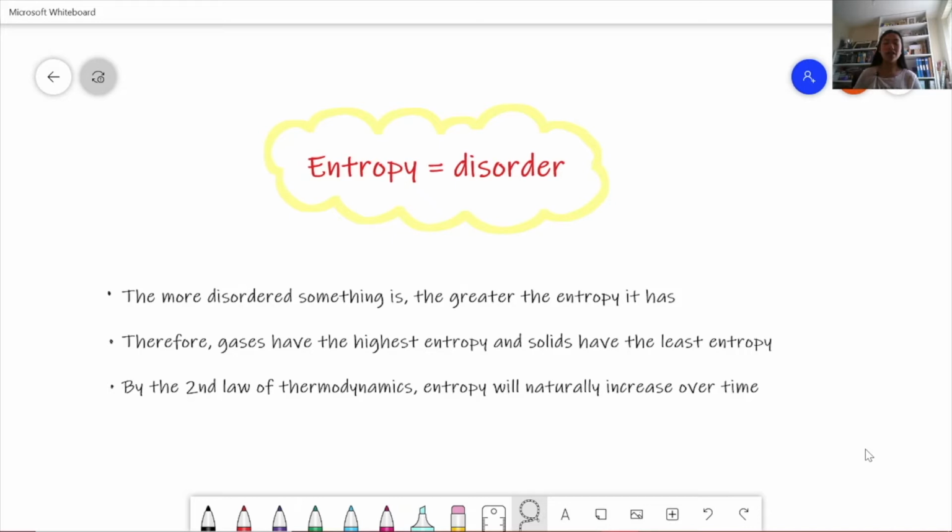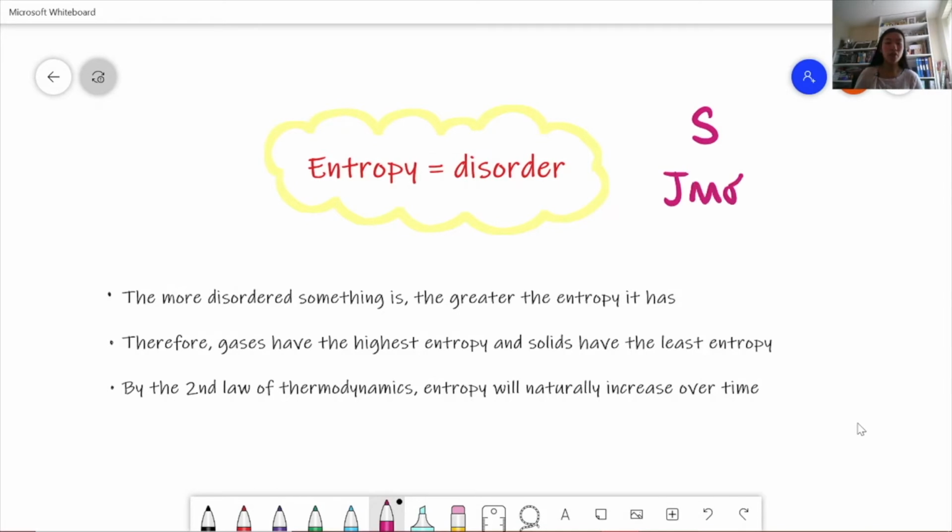Whereas in solids, all the particles are in a fixed position, vibrating, and so they have the least entropy. And by the second law of thermodynamics, the entropy will naturally increase over time. And also, entropy is denoted by the letter S, and it's measured in joules per mole per Kelvin.